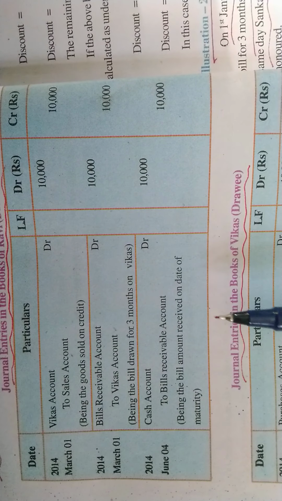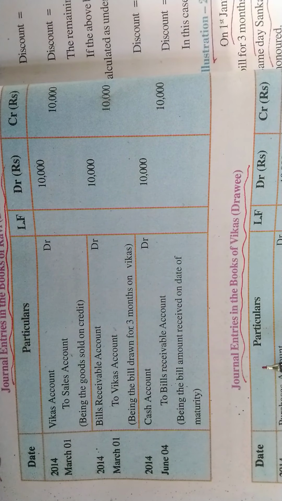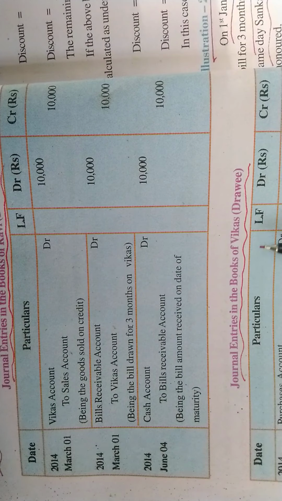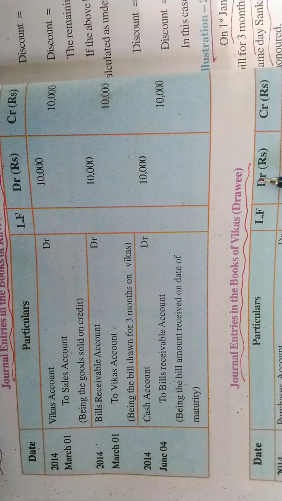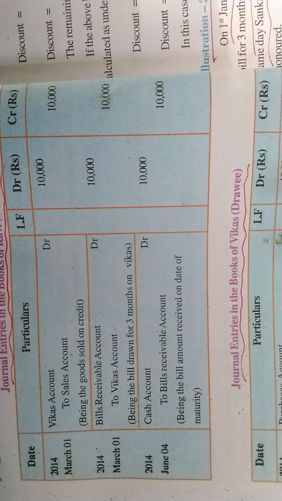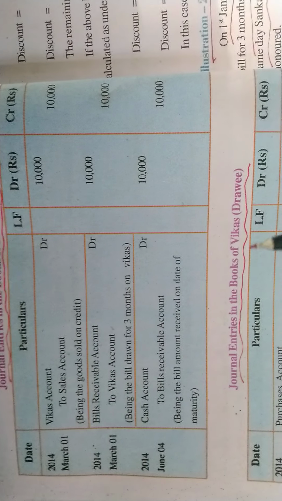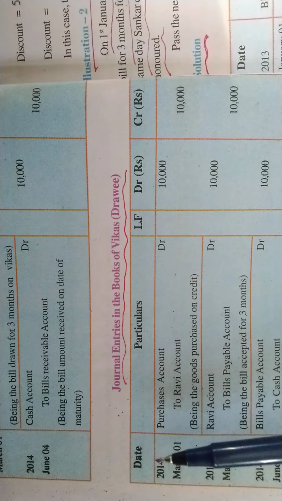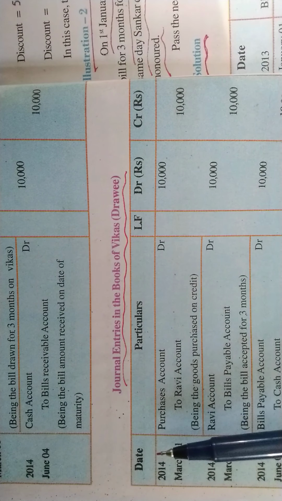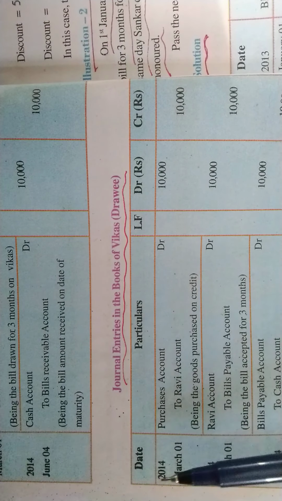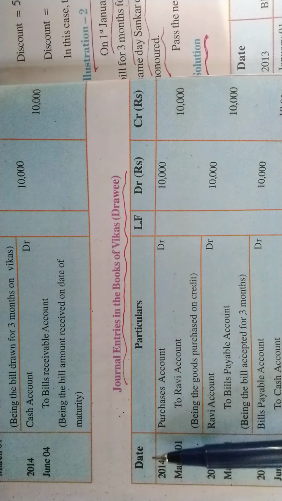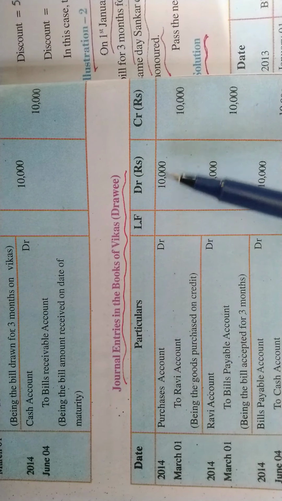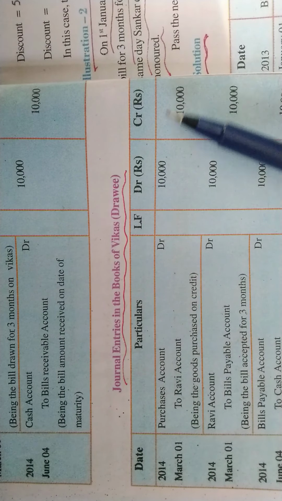In the same way, we have to write the journal entries in the books of Vikas, that is the drawee, according to the solution of the problem. So we again draw the proforma of the journal entry, which has date, particulars, ledger folio, debit rupees and credit rupees.